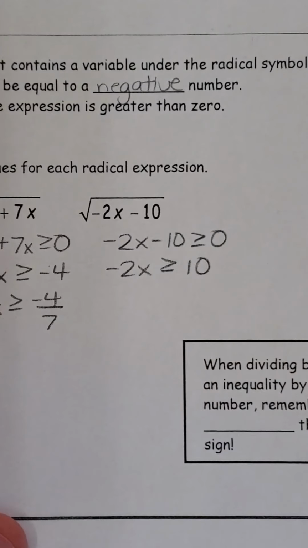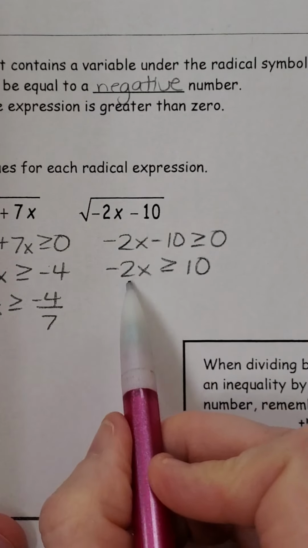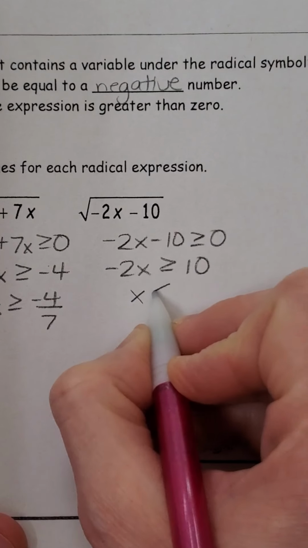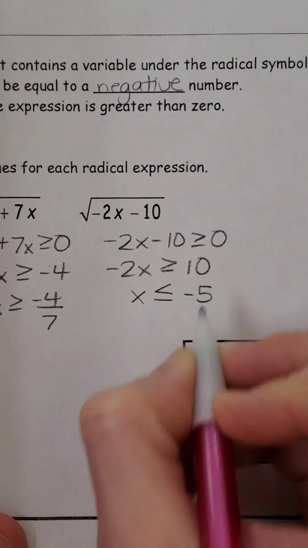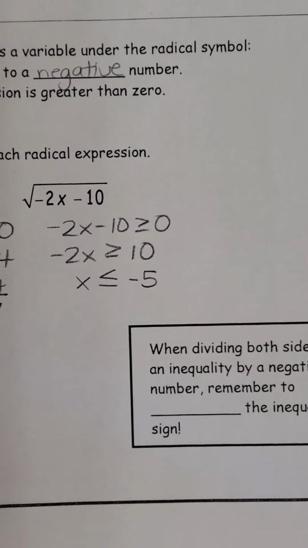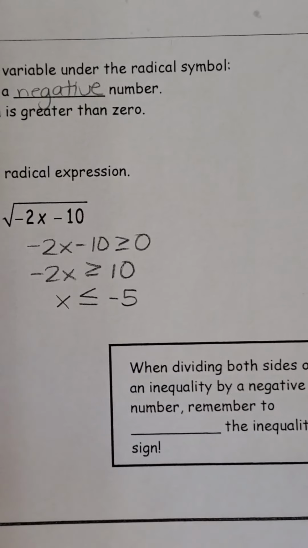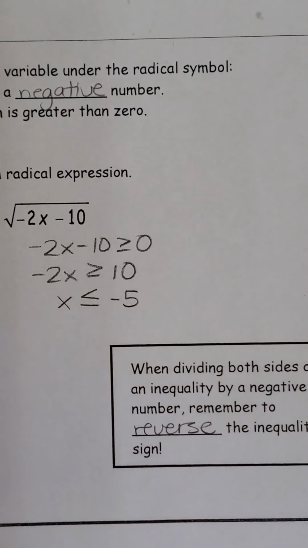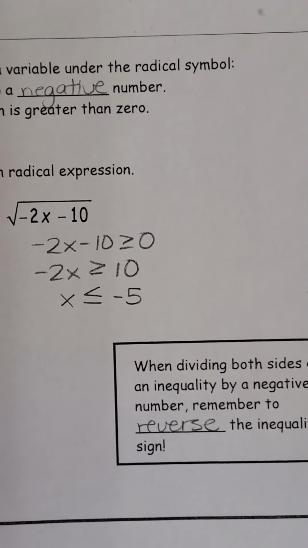And way back in grade 9, we learned that when we divide or multiply both sides of an inequality by a negative number, we need to reverse the inequality symbol. So that's kind of a little reminder right there. Remember to reverse the inequality symbol. And that's it.